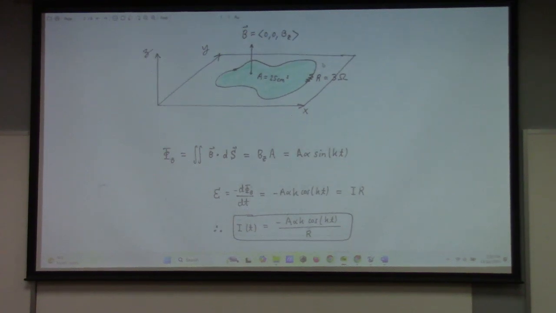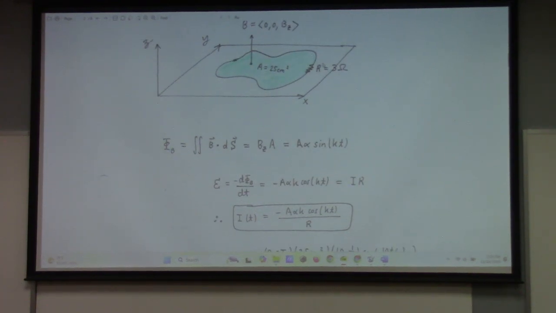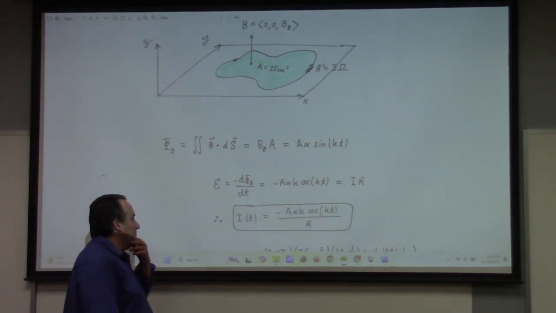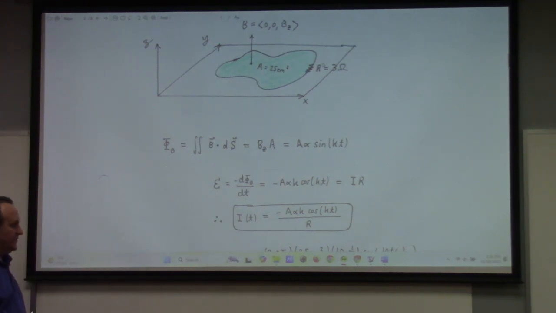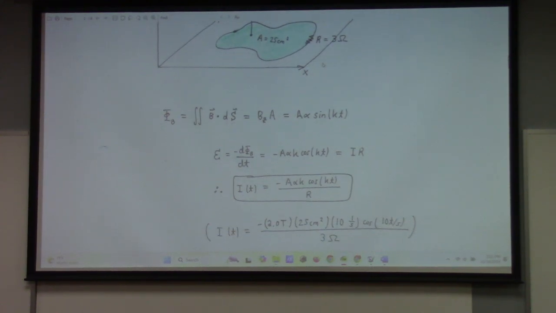When I differentiate, that gives me the induced voltage. So that gives me that the current is that divided by R. So if you want to put numbers in, which isn't particularly interesting, but you can, it's that. So there's the induced current.